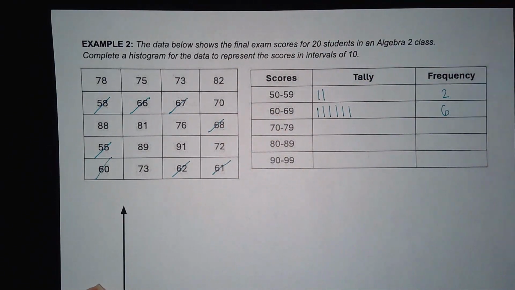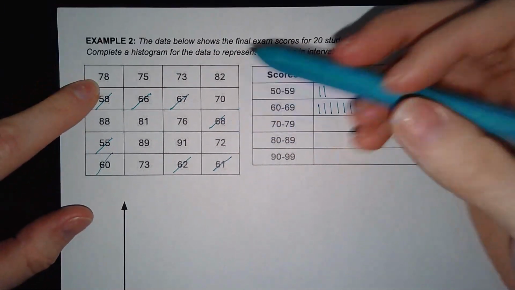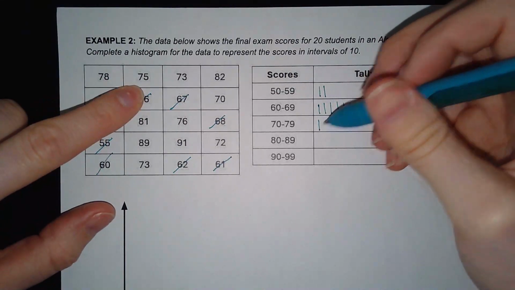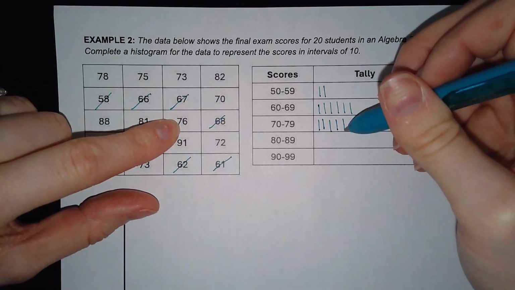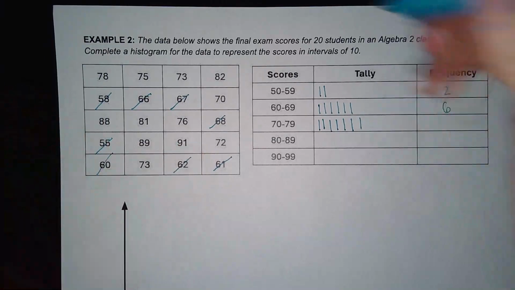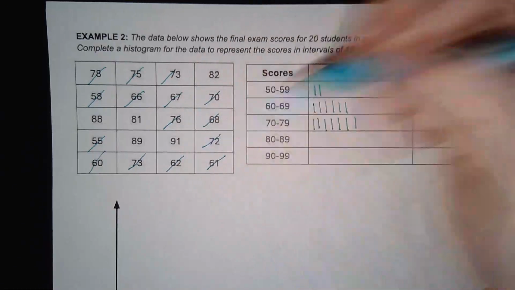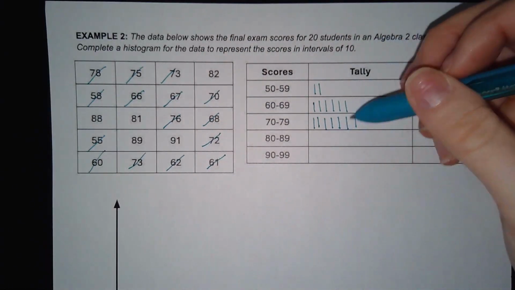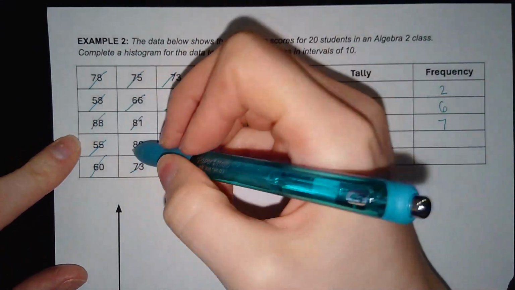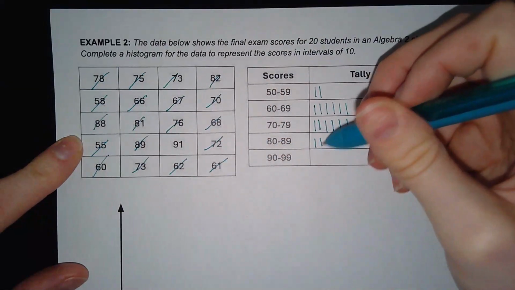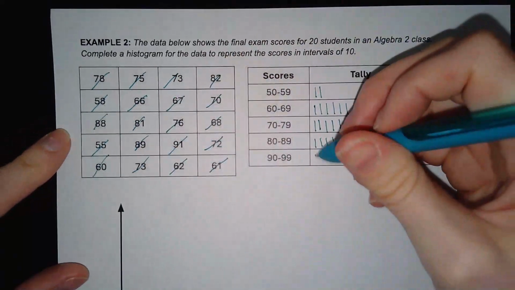So that was 6 scores in that range. 70 to 79, I have 78, 75, 73, 73, 76, 70, and 72. So that was 7. 80 to 89, 1, 2, 3, 4. And 90 to 99, we just have 1.